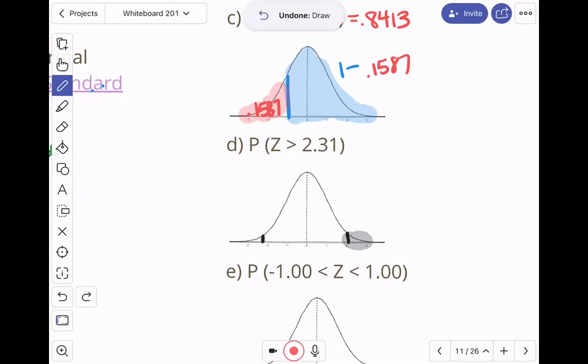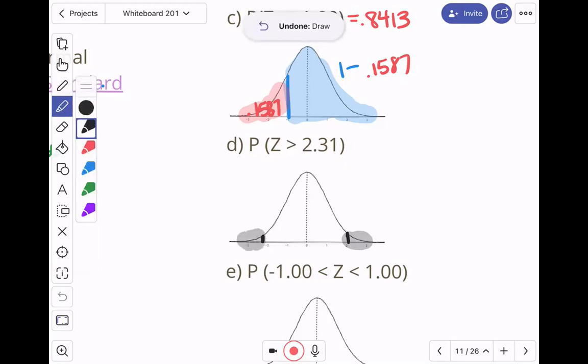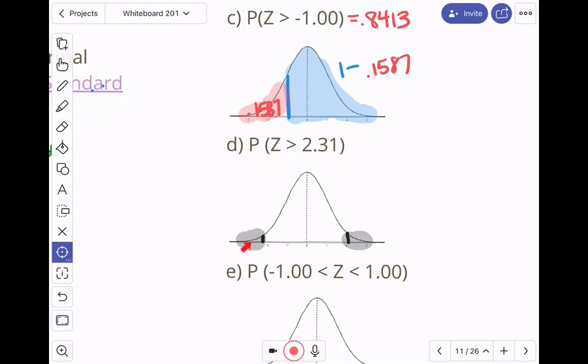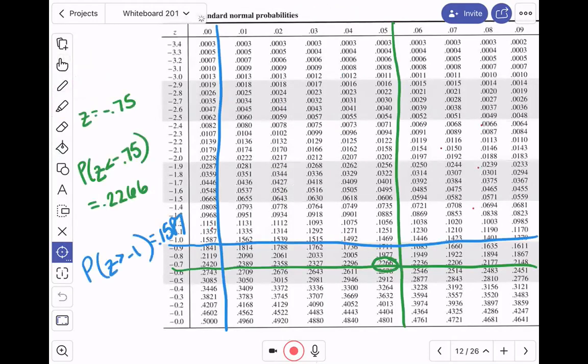What do we know about both these areas? They're equivalent. They're the same thing. But the chart only gives this left-hand area. It doesn't give this right-hand area. But this right-hand area is the same thing as this left-hand area. So instead of looking at 2.31, what do I go look at? Negative -2.31.